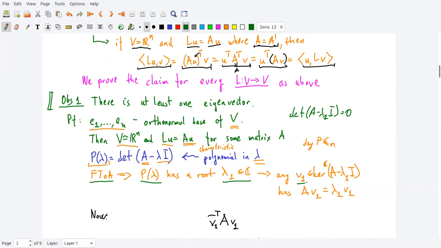Any vector V1 in this kernel satisfies (A minus lambda 1 I) V1 equals 0, which you can rewrite as A V1 equals lambda 1 V1, scaling V1 by lambda 1. So we now have at least one eigenvector. However, this is an eigenvector over the complex numbers, and it may happen that lambda 1 is a complex number.